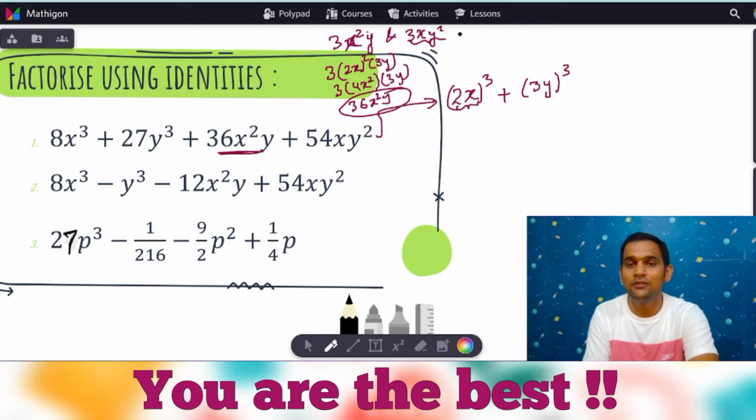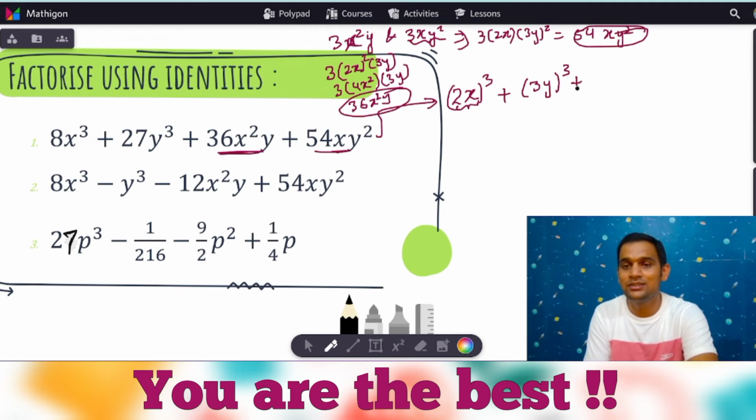Similarly, we will try to verify this one. 3 times x, where the value of x is 2x, times the value of y, 3y, to the whole square. So that equals 3 times 2 is 6, and 3 squared is 9. So 9 times 6 is 54xy square. As you can see, that is the last term.